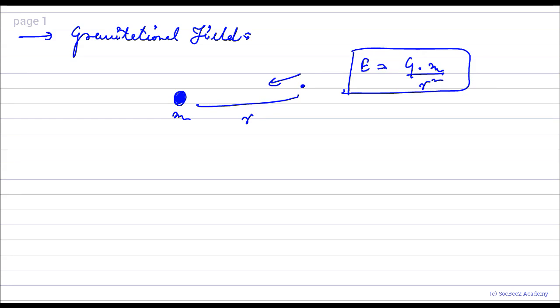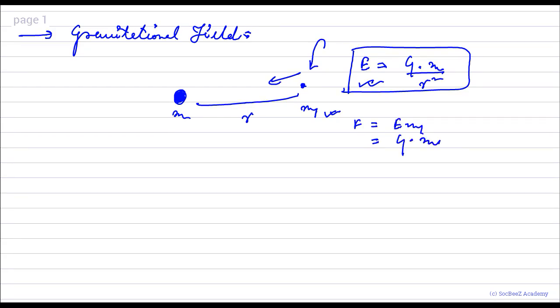In words it is defined as the force experienced by a unit mass at a distance of r from another body. So this is my other body and this is my unit mass. So if I bring in a body of mass, let's say m1, at this point the force which this body of mass m1 is going to experience is F equals E into m1, that is G into m into m1 upon r square, which is nothing else but Newton's law of gravitation.